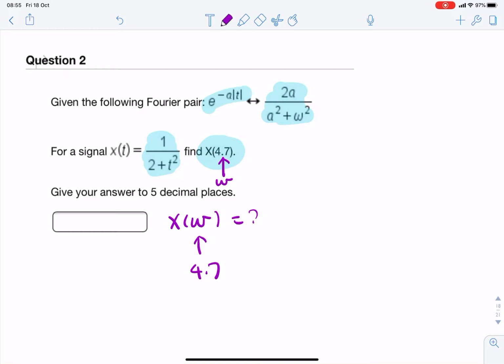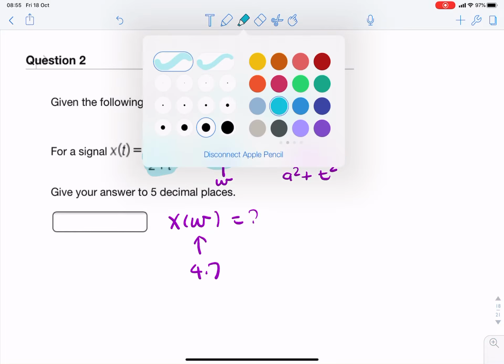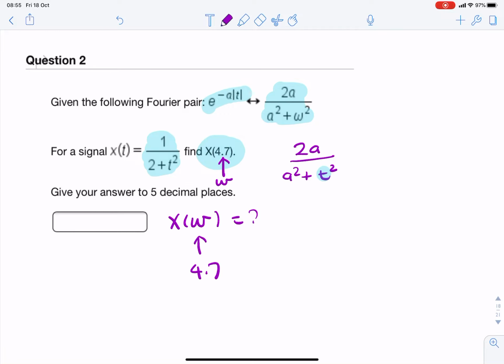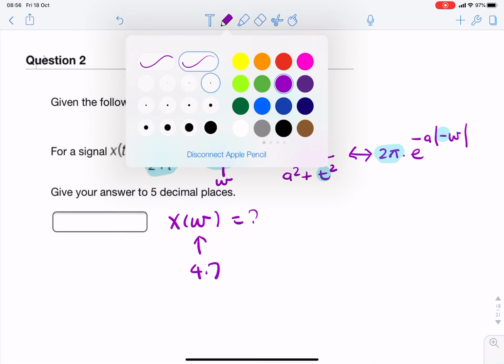So if we simply rewrite the Fourier transform using the duality property, we can say that 2a over a squared plus t squared, remember we're using the duality property here, that corresponds to 2 pi times e to the minus a absolute value of minus omega. And notice we add the 2 pi term and the negative sign. So this is the duality property.